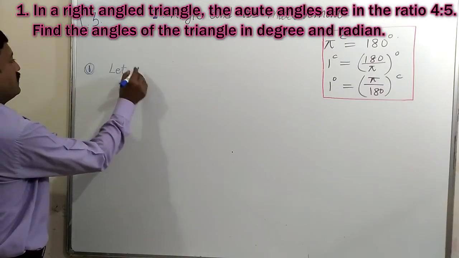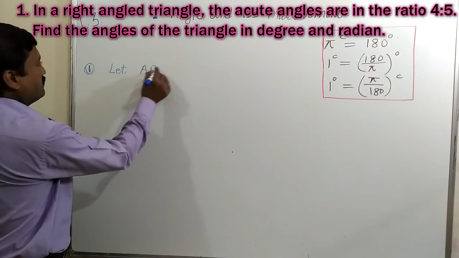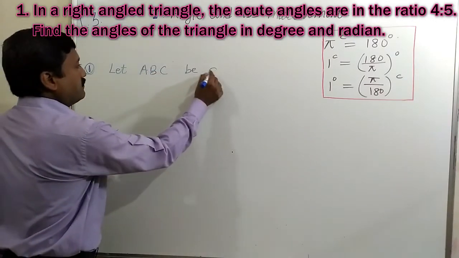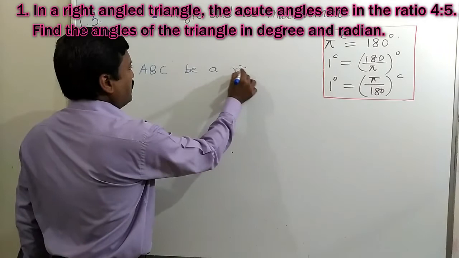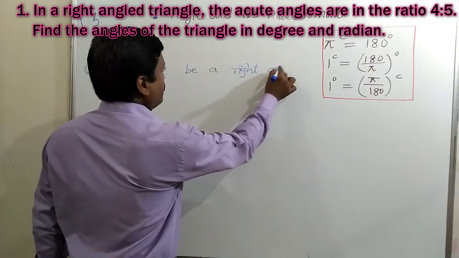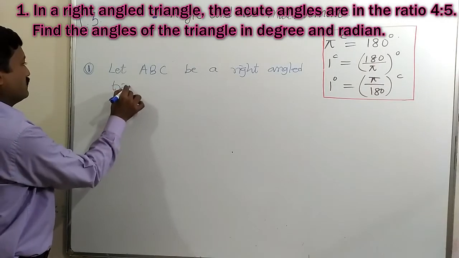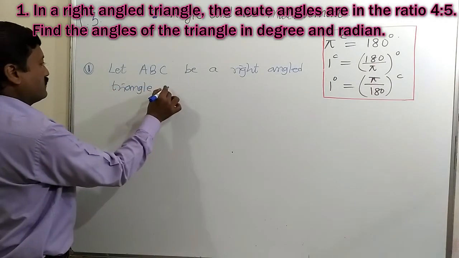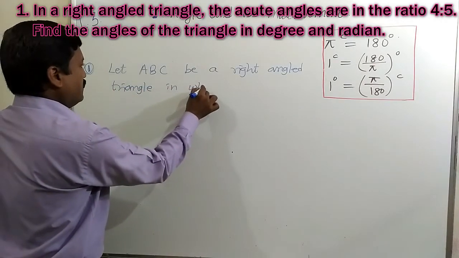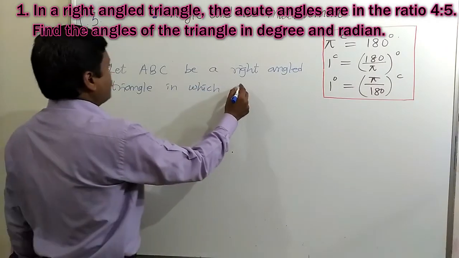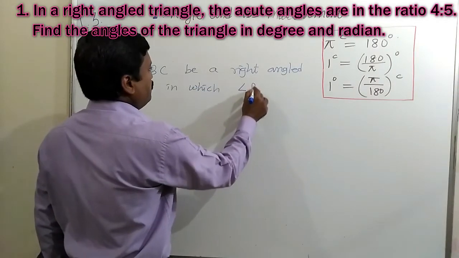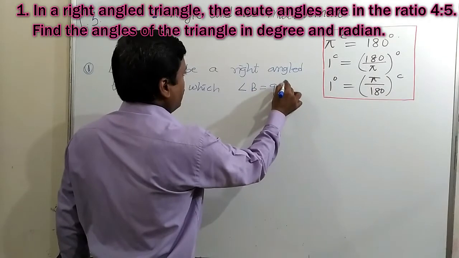So, in this first example, let ABC be a right angle triangle in which, suppose, angle B equals 90 degree.